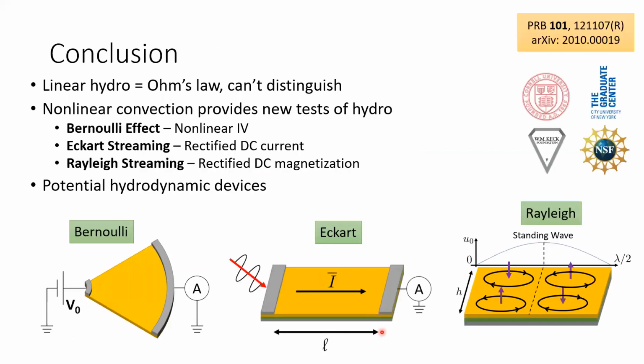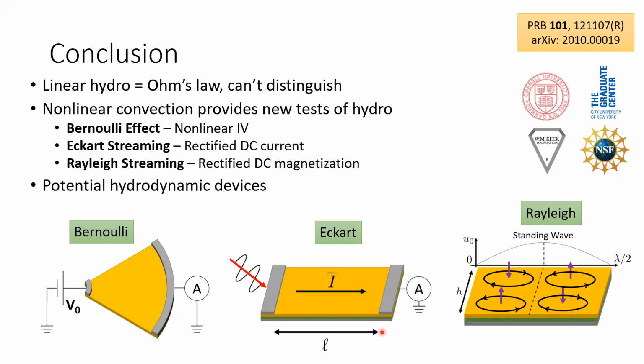So with that, I'd just like to conclude. I've argued to you, and hopefully convinced you, that linearized hydrodynamics, on the face of it, looks very similar to Ohm's law, and so it's very difficult to distinguish without additional probes such as those that have been mentioned earlier: temperature, magnetic field, carrier dependence.